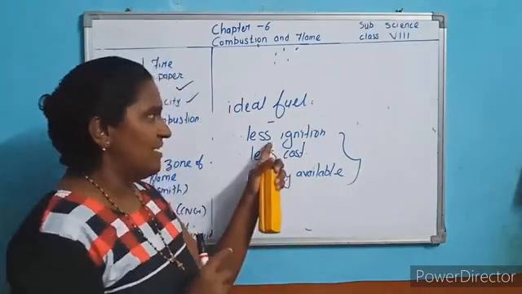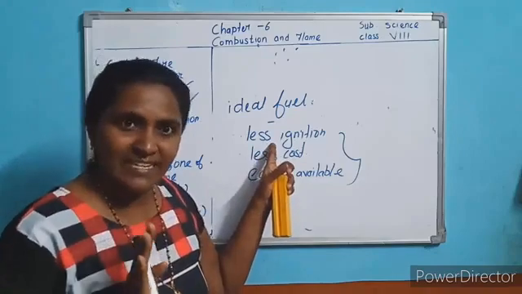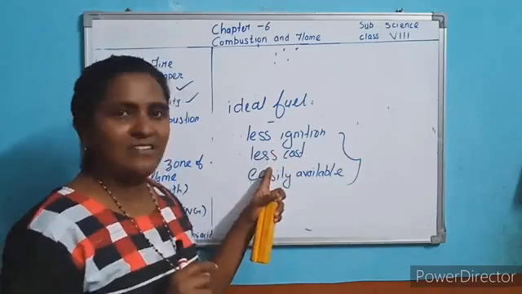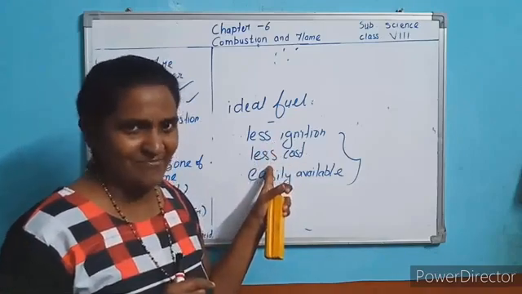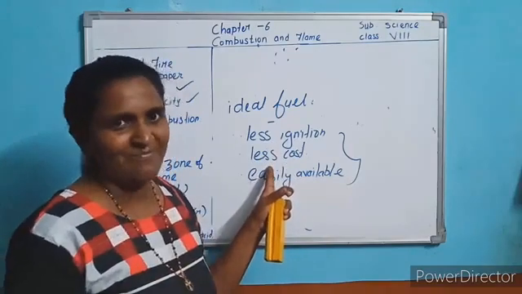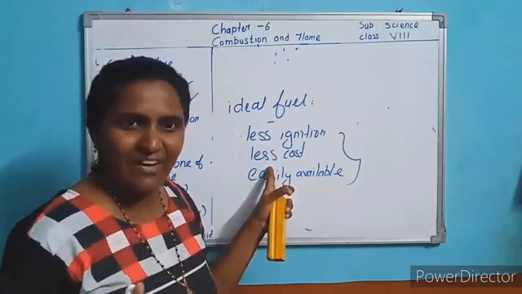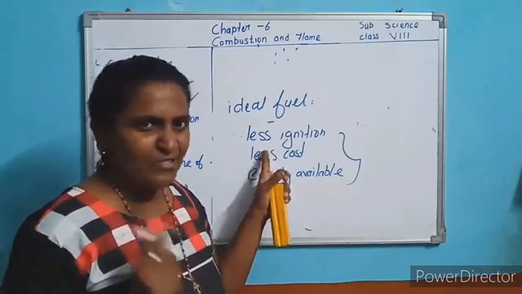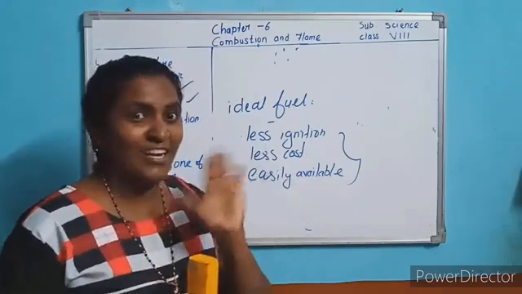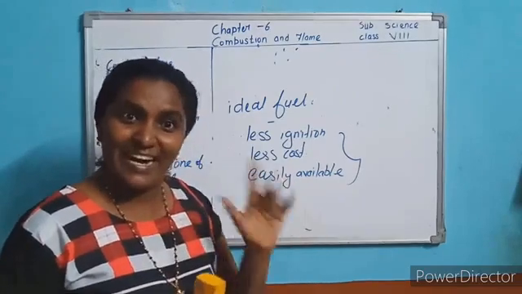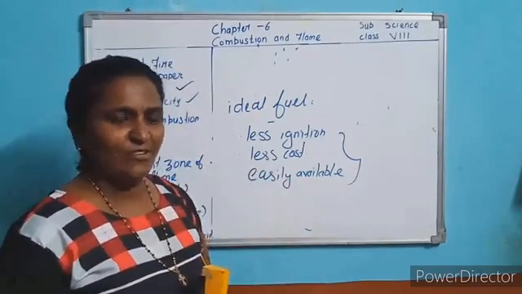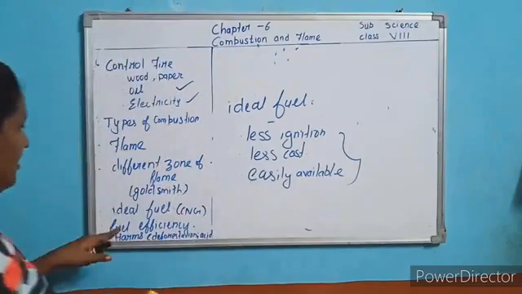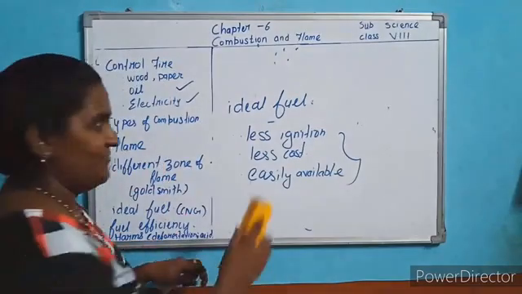LPG has less ignition temperature, okay, but it is not less cost, it is costly. So is it ideal? No. Wood is cheaply available, but its ignition temperature is high. So is it ideal? No. So no fuel is an ideal fuel.